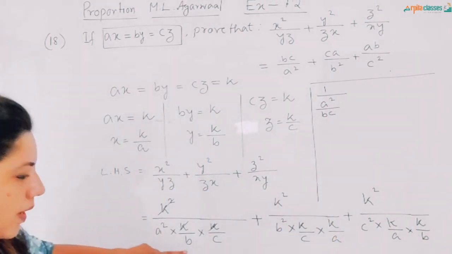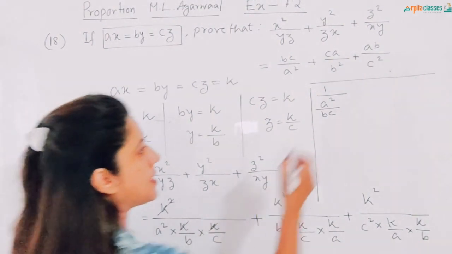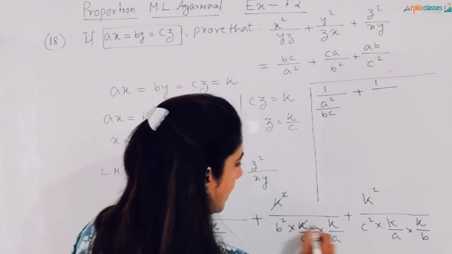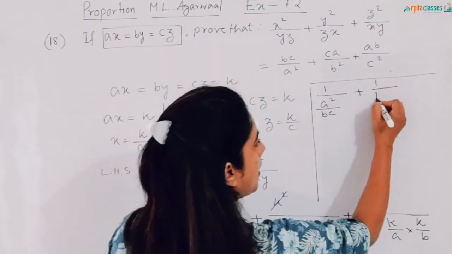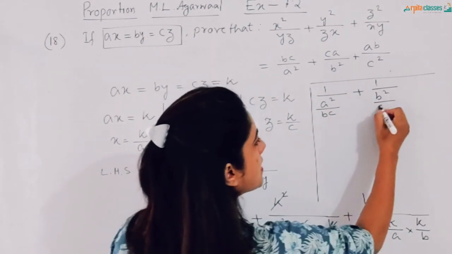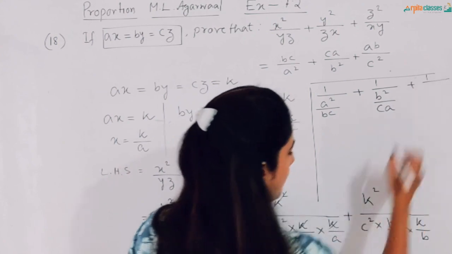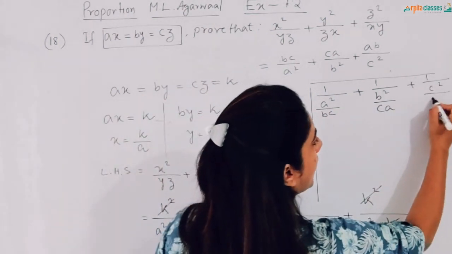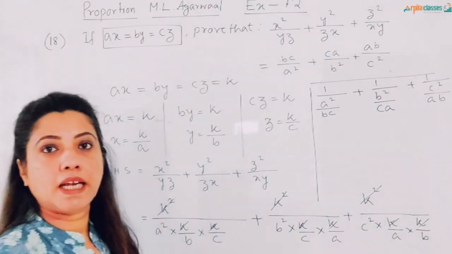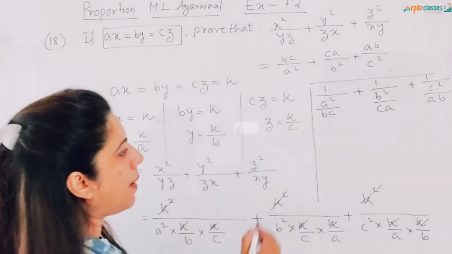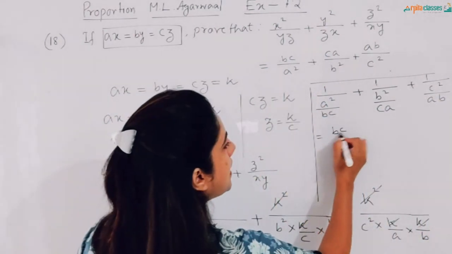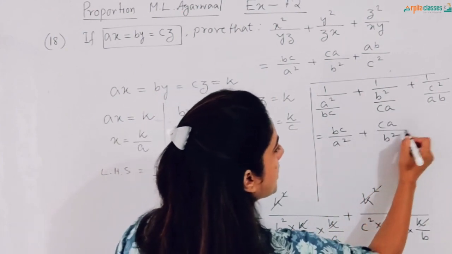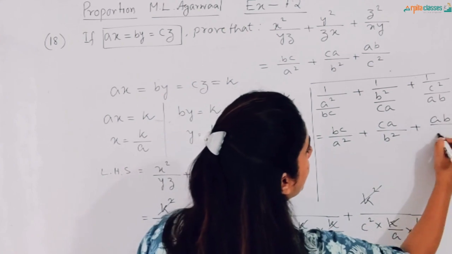So 1 upon a square upon bc plus 1 upon b square, this k square and k will get cancelled, so it is 1 upon b square upon ca plus 1 upon, even this is getting cancelled, c square upon ab. Now in the next step, this bc will go up. So it will be bc upon a square plus ca upon b square plus ab upon c square.